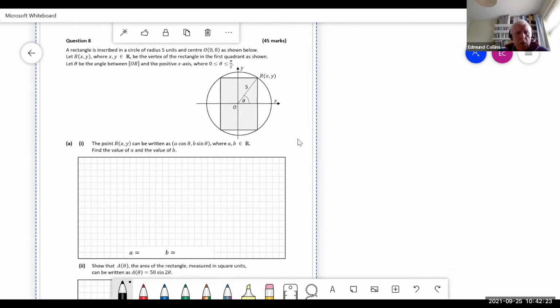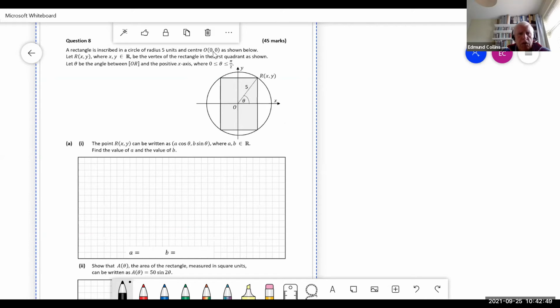So you can see here that we have a rectangle inscribed in a circle of radius 5 units. So this should be familiar to what we were working with in the unit circle. The center O is at 0, 0.